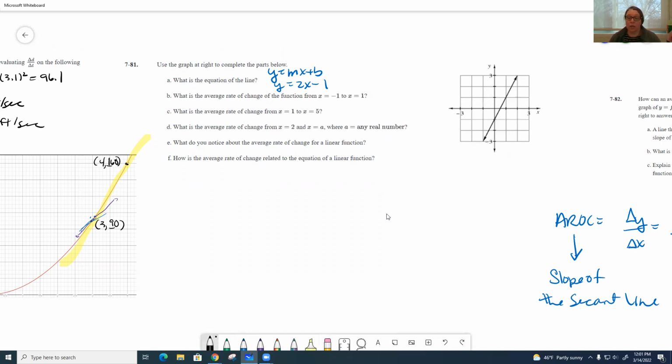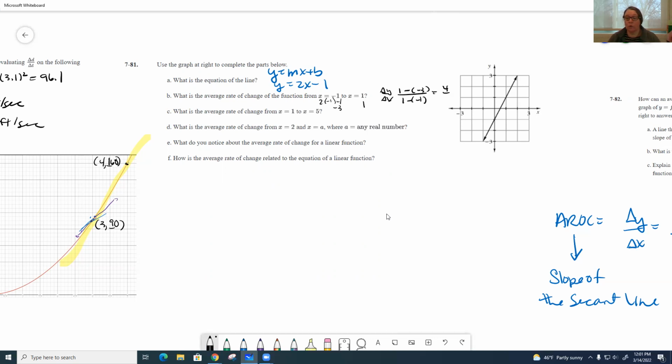Okay, so I could do what I did on the last one and figure out what do I get when I put -1 in here for x? All right, so I could do 2 times -1 minus 1, that's -3. And then I could put 1 in here and do 2 times 1, which is 2, minus 1 is 1. And then I could do the change in y over the change in x. So I could do 1 minus -3 over 1 minus -1.